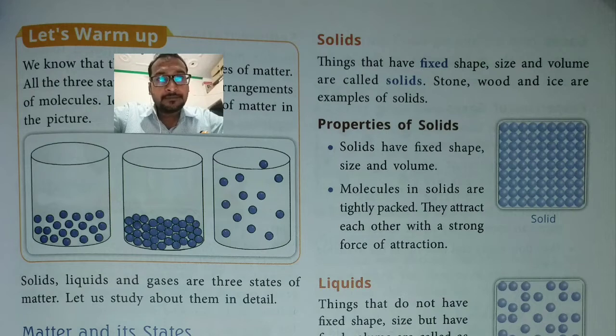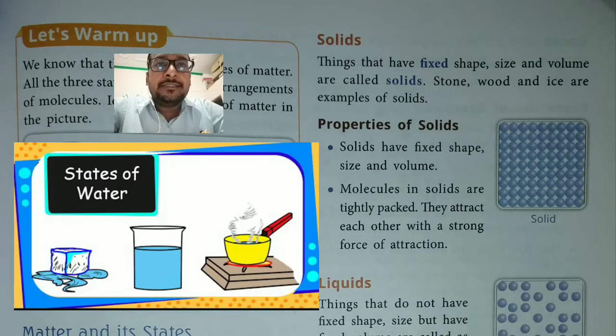of water. So water is a great example of showing what is the difference between solid, liquid and gas, because water can be in a solid state, water can be in a liquid state, water can be in a gaseous state, in vapor state.